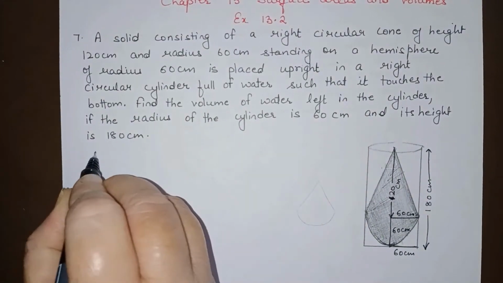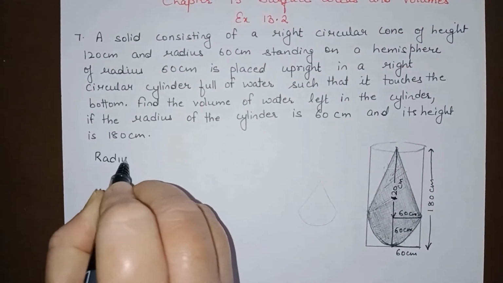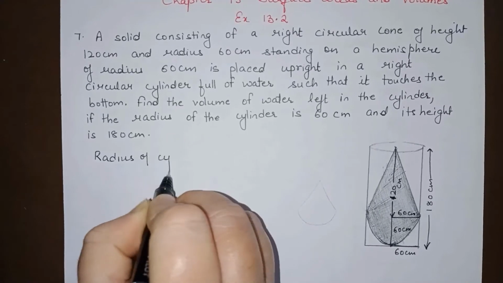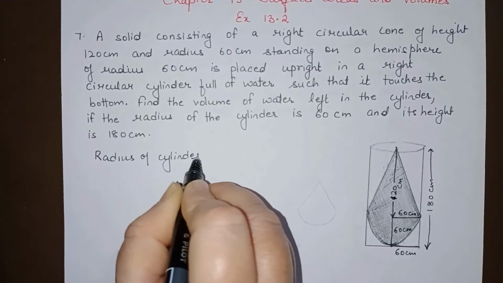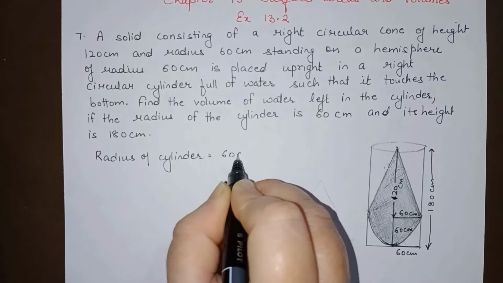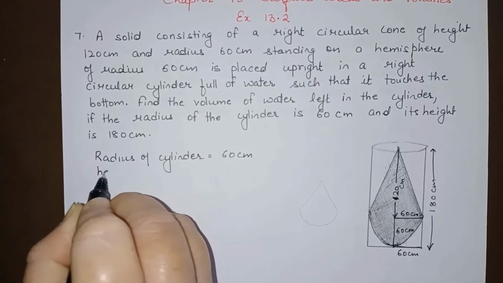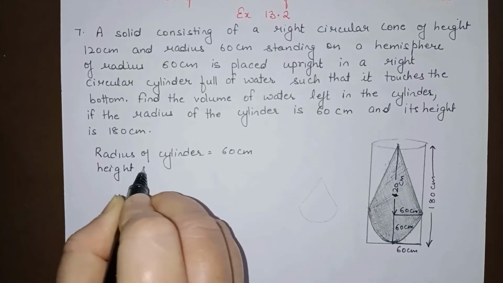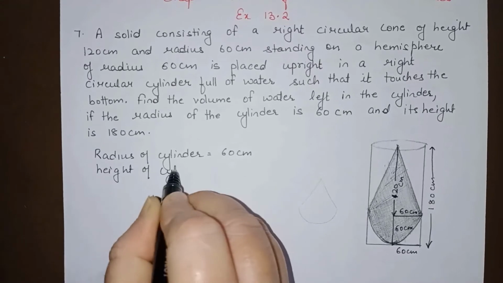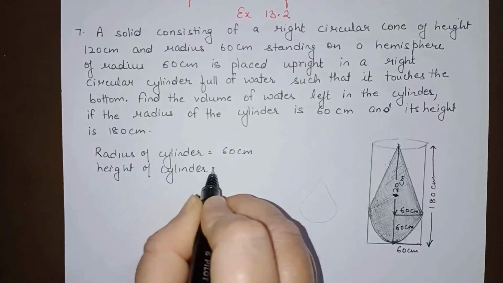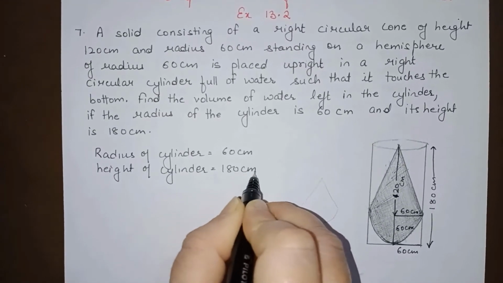So we have the radius of the cylinder, this is 60 centimeter. Height of the cylinder is equal to 180 centimeter.